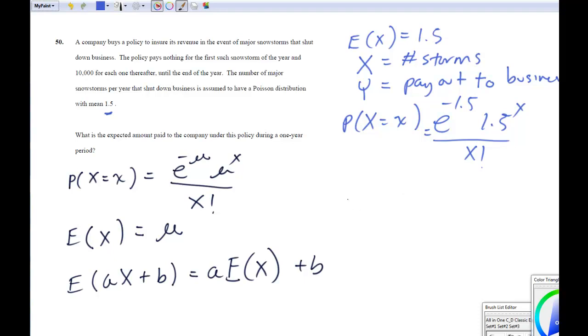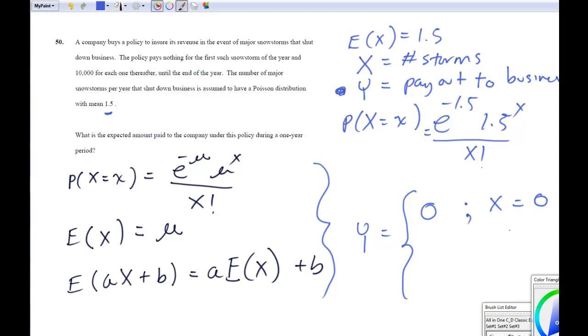Okay, so now in order to define our new random variable, which is the payout to the business, let's see what it has. First of all, we're not going to get paid anything if there are no snowstorms. So if x equals 0, we get nothing.